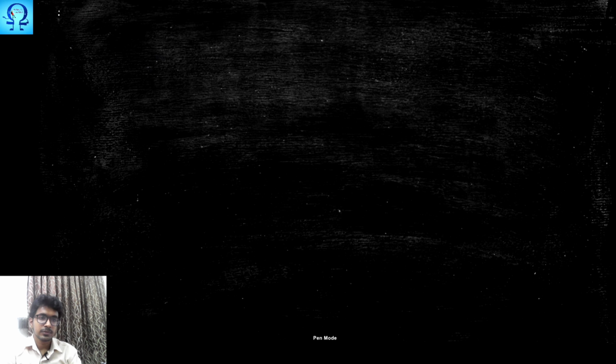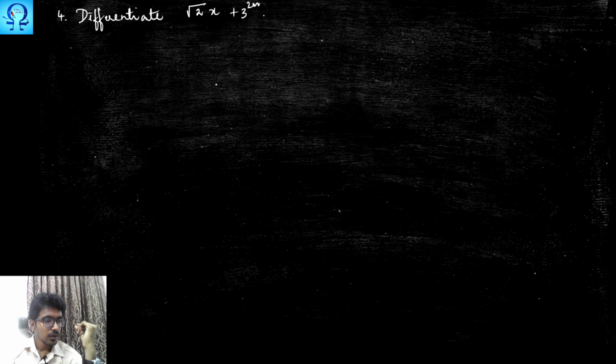I hope this is the fourth problem. We need to differentiate under root 2 times of x plus 3 power 2m. Here we'll have to be very careful in identifying the variable.